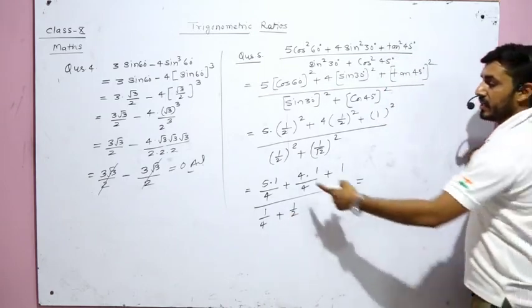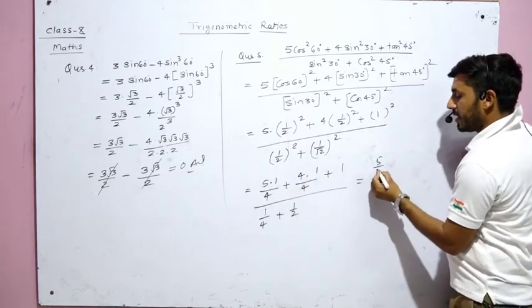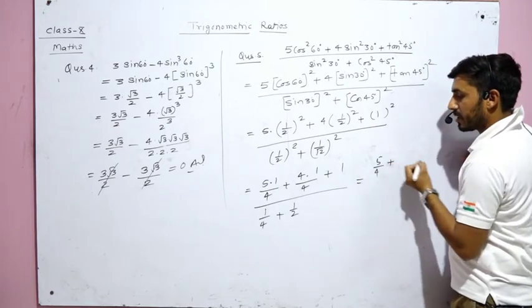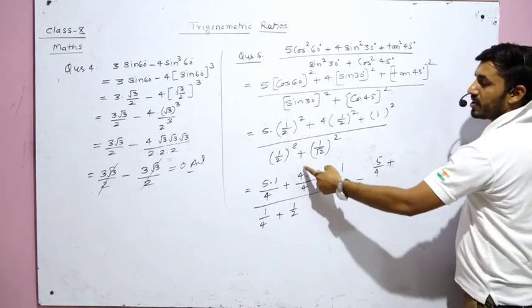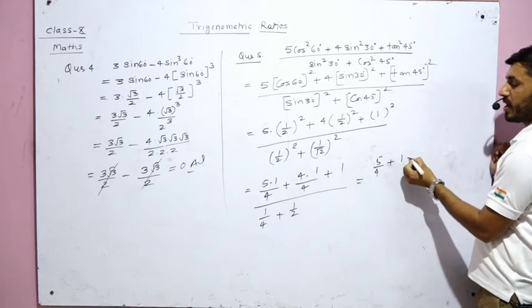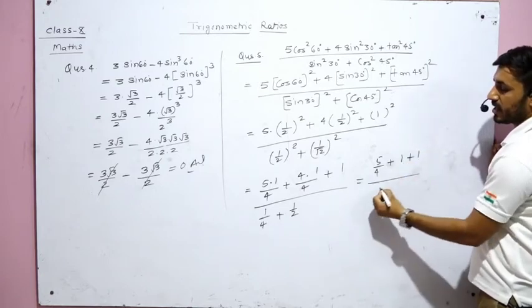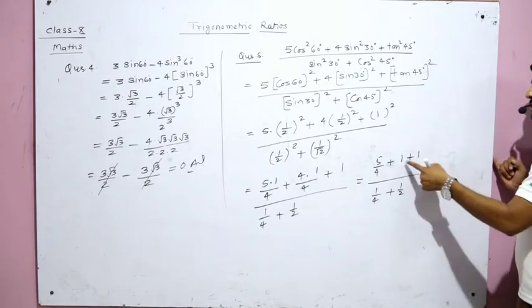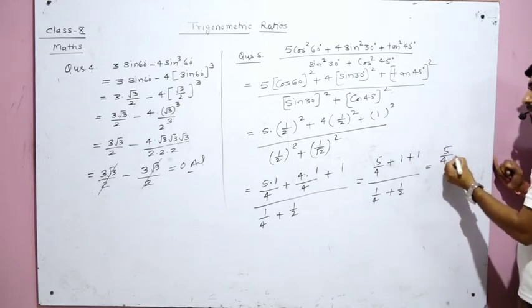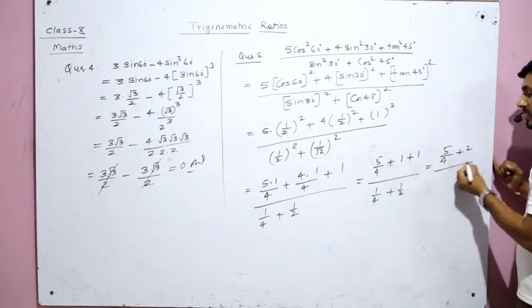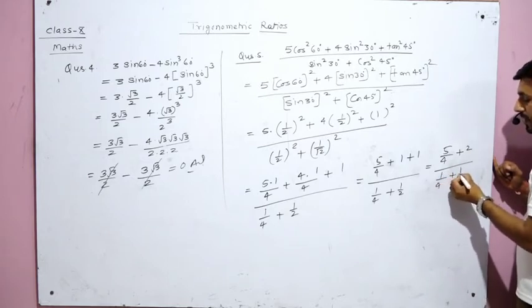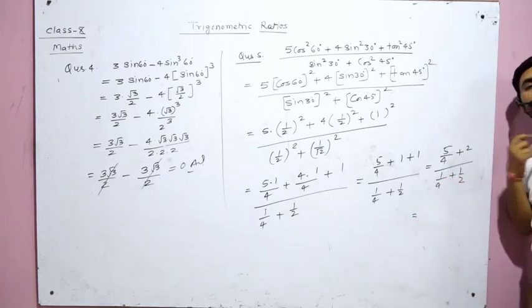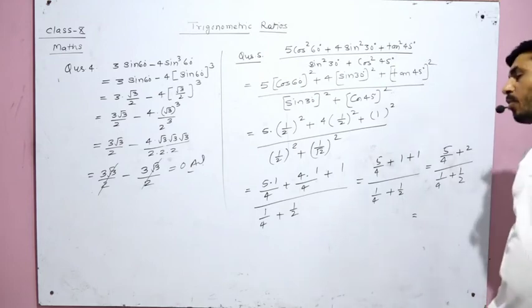By simplifying, 4 is cancelled by this 4, so we have 1 only. 1 plus 1, that is, 5 by 4 plus 1 plus 1 is 2, that is divided by 1 by 4 plus 1 by 2. We have to simplify the numerator and the denominator part.